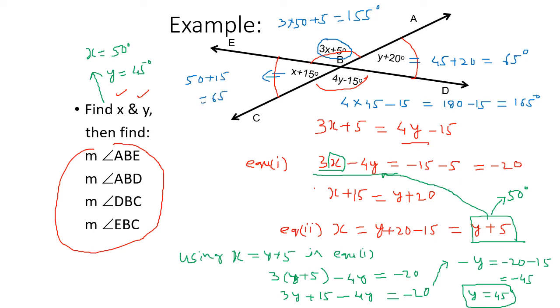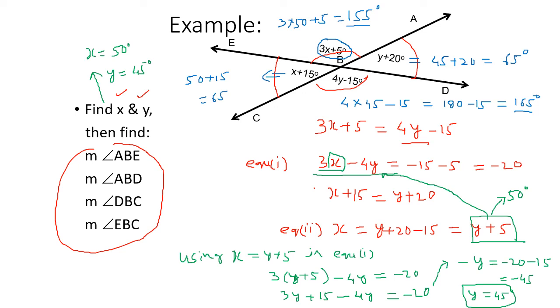Okay, these should be equal to each other. So it's not 165, it is 155. They should be equal to each other, so there's something wrong. If I subtract 15 from 180, I'll get 165 only, right?